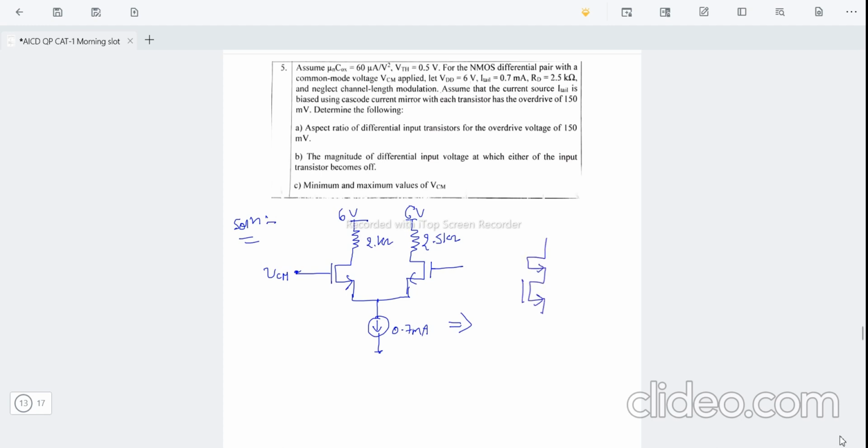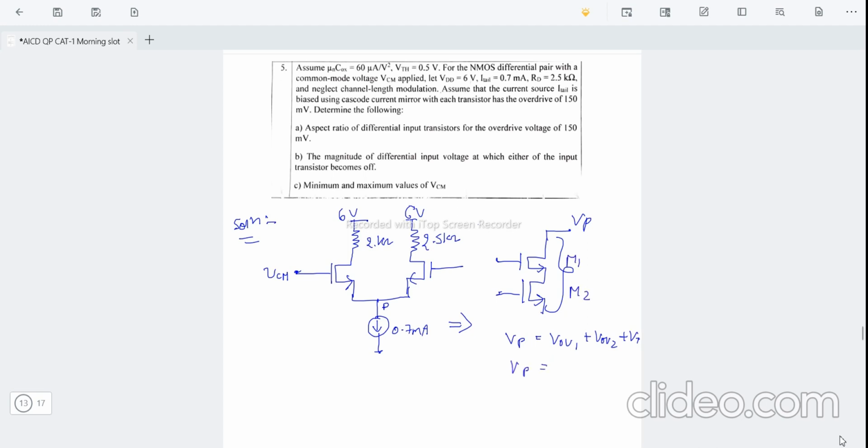So we know in the cascode current mirror, the headroom voltage is nothing but the minimum voltage required to act as a current source. I'll call this node P. So VP is the minimum voltage so that the current source will act for its functionality. That is the overdrive voltage of these two MOSFETs and the threshold voltage, that is VO1 plus VO2 plus VT, where VO1 corresponds to M1 and VO2 corresponds to M2.